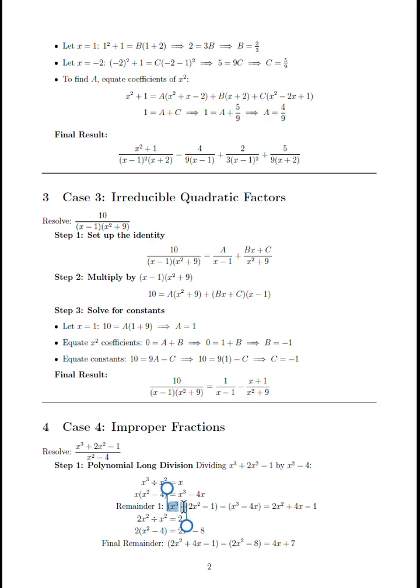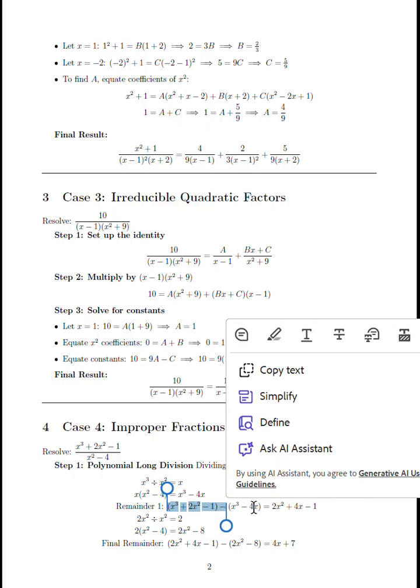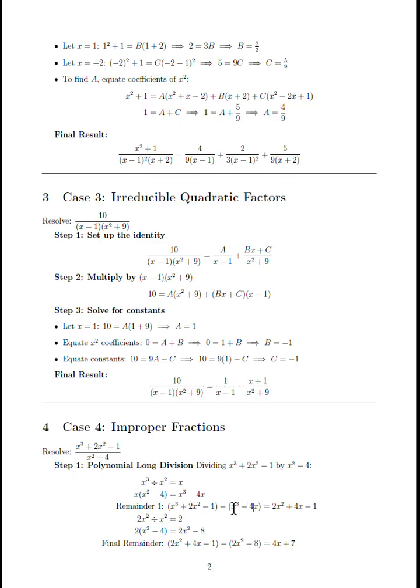The original numerator is x cubed plus 2x squared minus 1. Then minus this x cubed minus 4x. That now gives us 2x squared plus 4x minus 1. That is the remainder from the first step of our division.